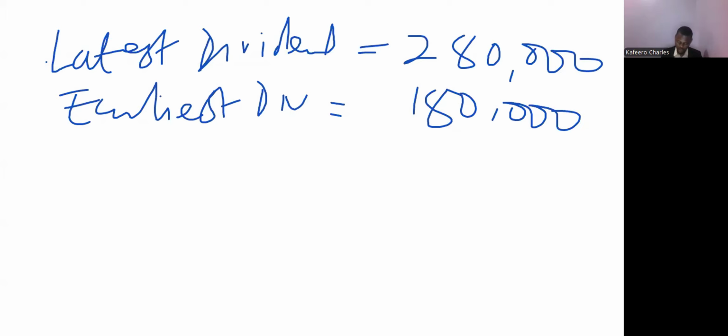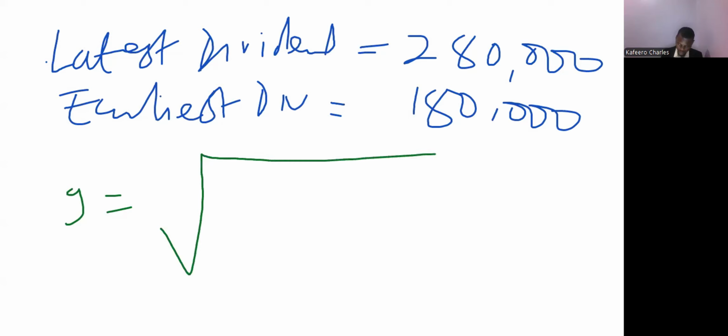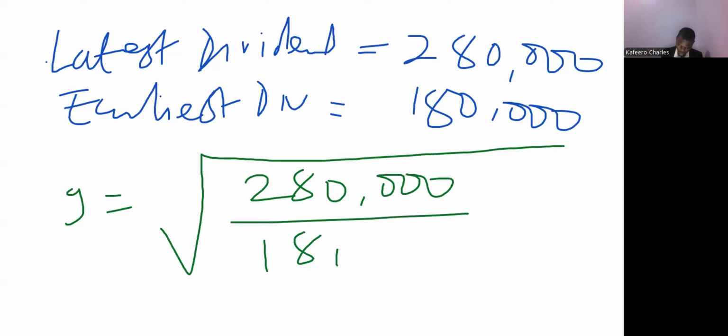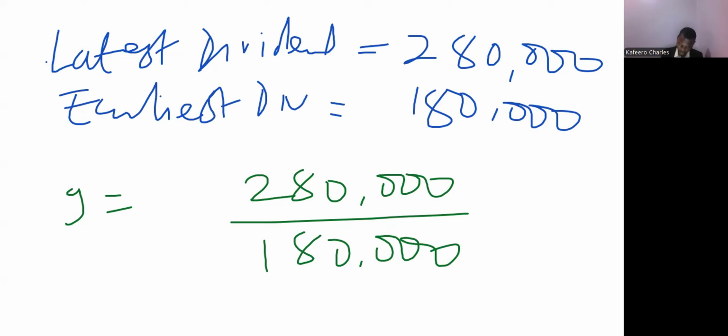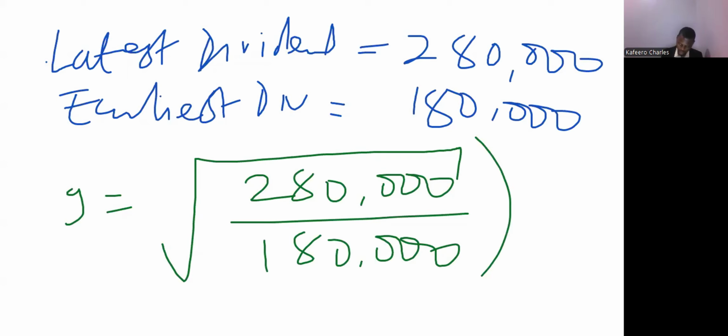So we substitute in our formula. G is the latest, which is 280, divided by 180, all under the root, minus 1. This has N minus 1, which is 4, so the 4th root of these two items.